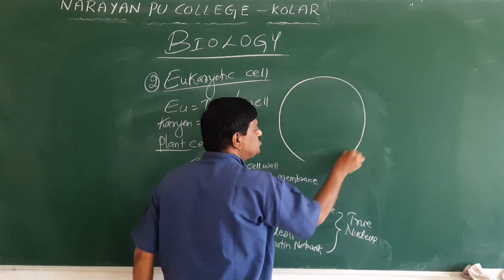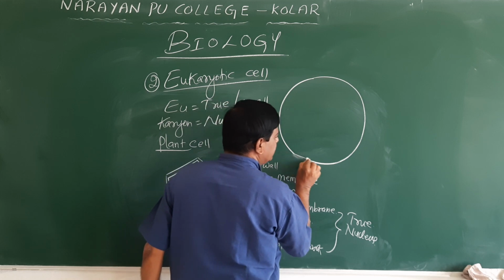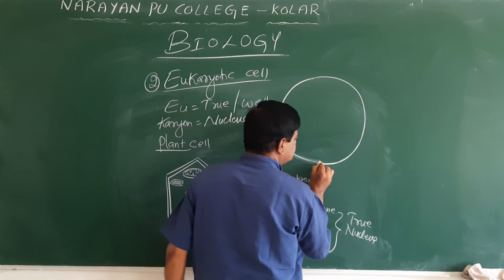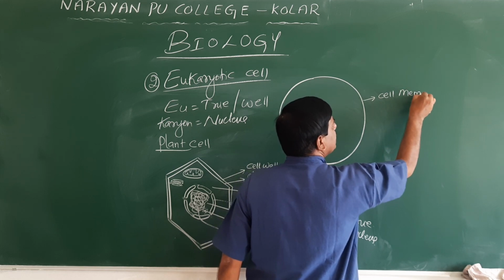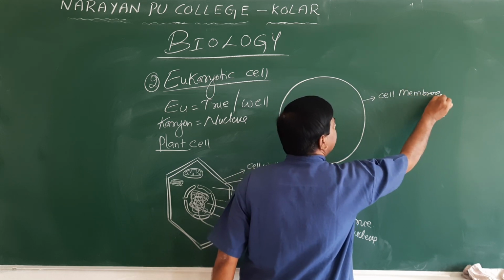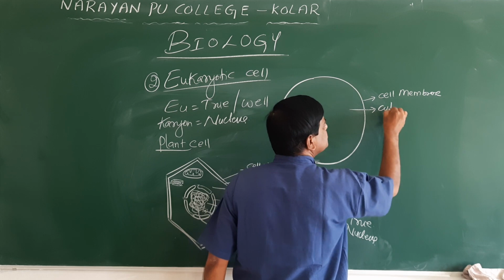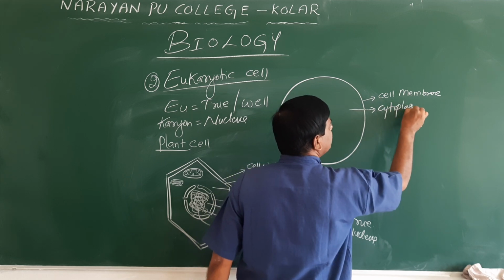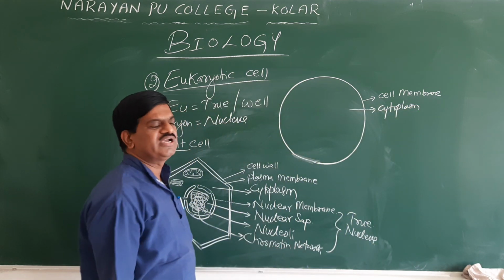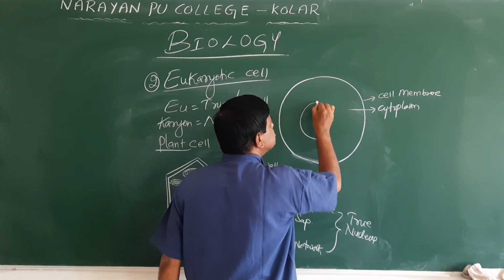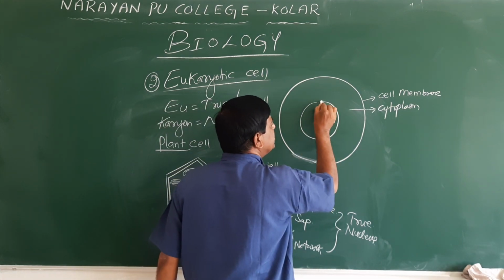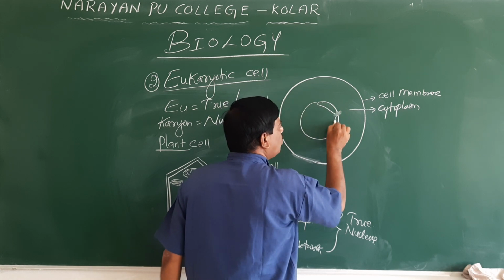Animal cell also, the outermost layer of animal cell is called as cell membrane. And it has cytoplasm, with all the cytoplasmic organelles present. Along with that, there is a presence of a well-developed nucleus with all four components.